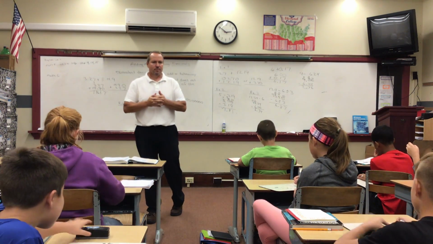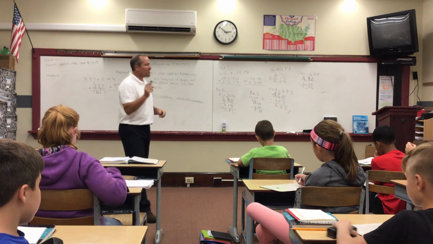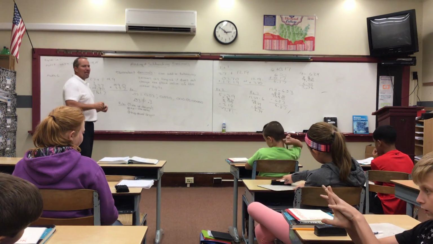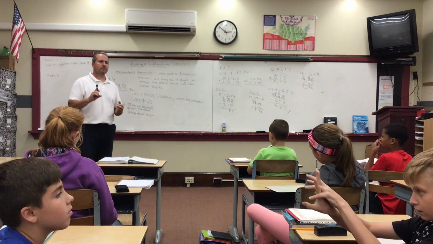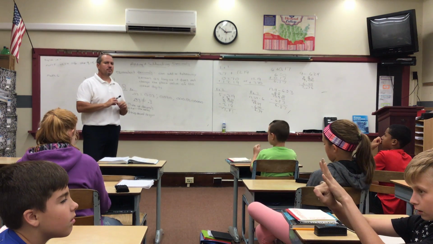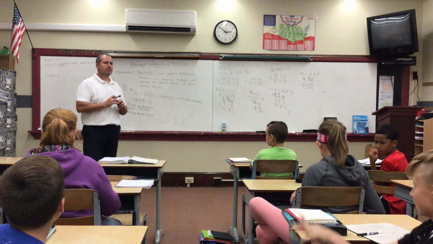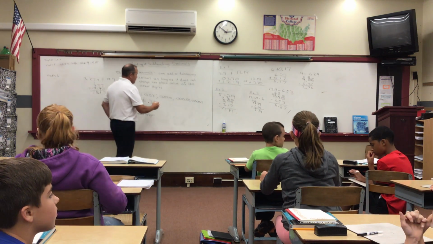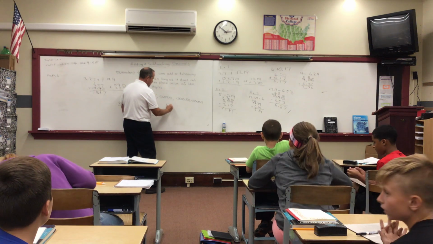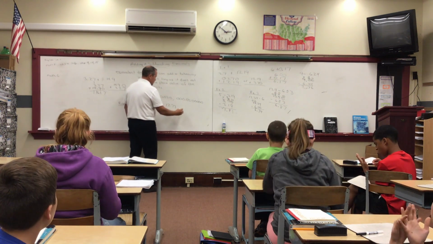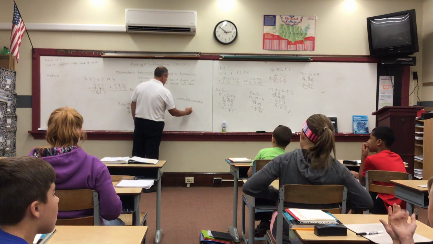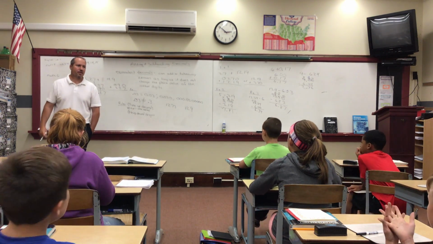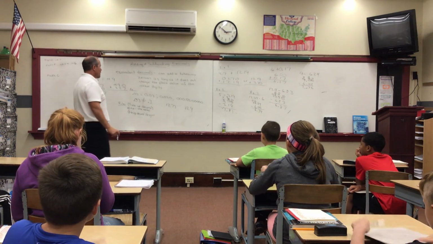Now, the last thing that you're going to have to do for your homework, there's going to be a little bit of comparing. If we have these two numbers, when we compare decimals, the first thing we compare are the whole numbers.